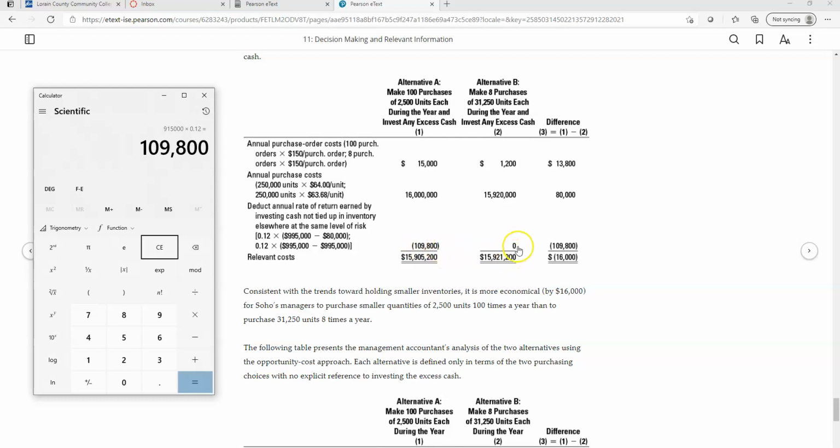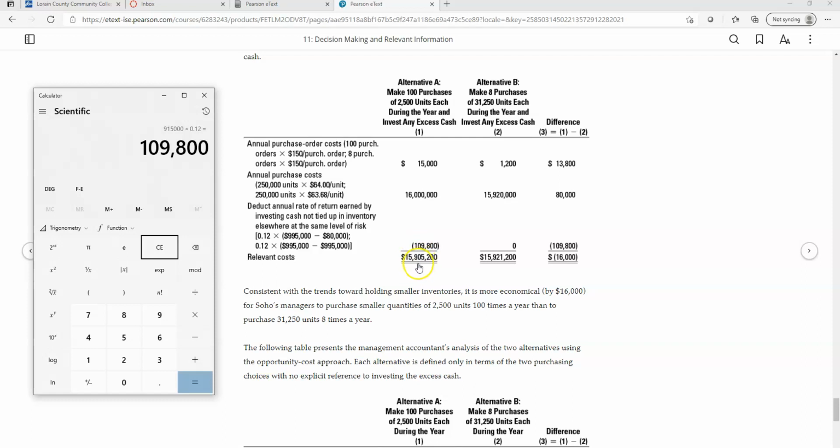Whereas in alternative B, I've got all the inventory. My inventory is just sitting there on the shelf waiting to be sold. It cannot generate any additional revenue because it's sitting on the shelves. Whereas if we don't buy as many, we can take that difference in cash that we would otherwise have under alternative B, invest it at 12%, and gain $109,800.